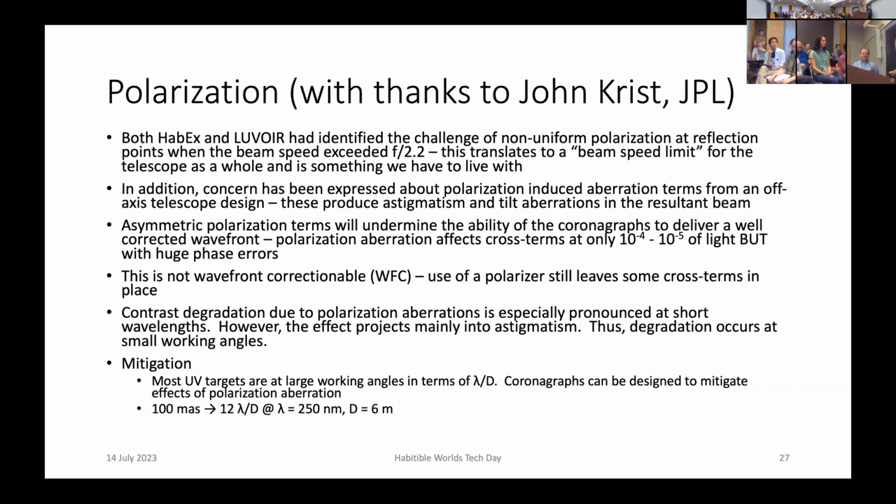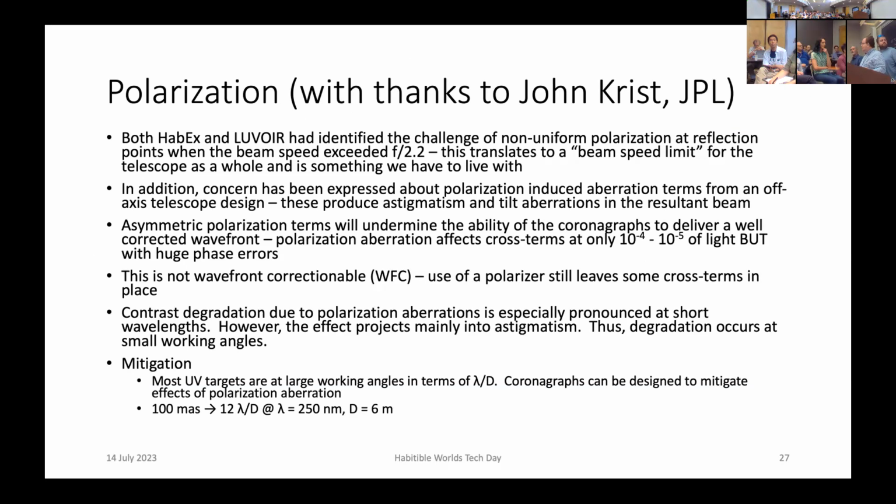All right, so I'm going to bring up some issues that are being debated and discussed, in the interest of transparency, so you guys have some clue about this. The first of it is the polarization issue that Steve just talked about. Recall that one of the issues we had to deal with in both the HabEx and LUVOIR studies was this so-called beam speed limit.